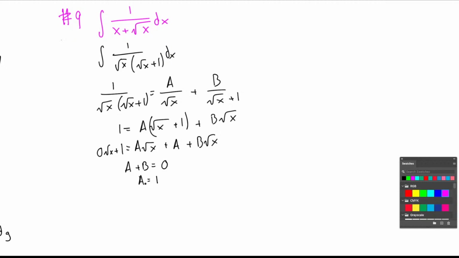Unless, no. Okay. We know that a equals 1. That means b equals -1.